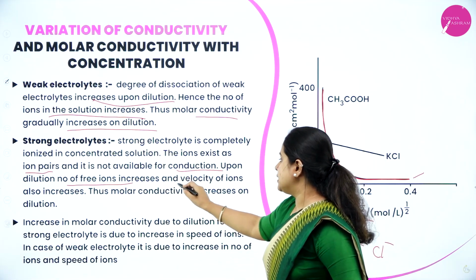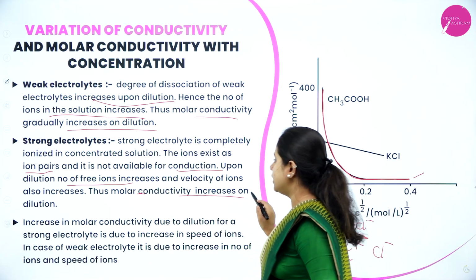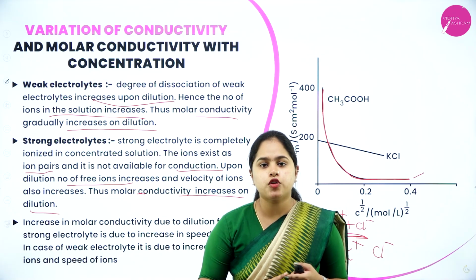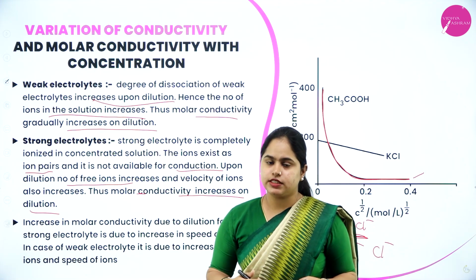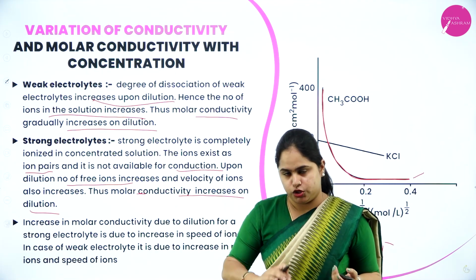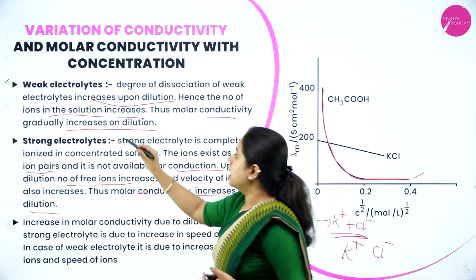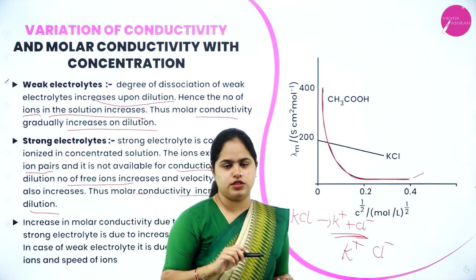The velocity of ions also increases, thus molar conductivity increases on dilution. So for a weak electrolyte, the molar conductivity increases on dilution due to the increasing number of ions, right?